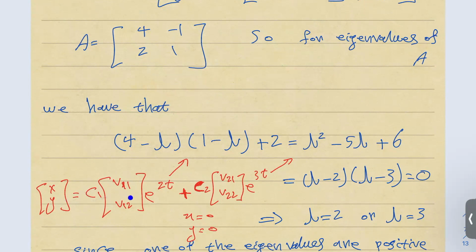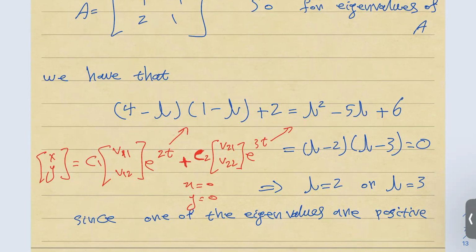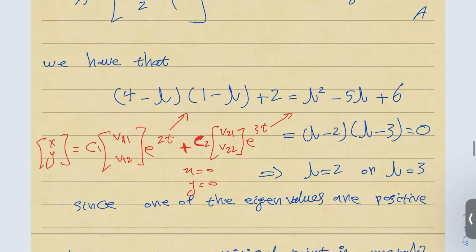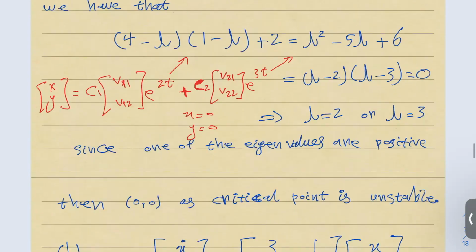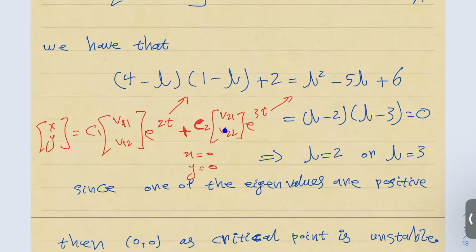All right, so you see that e to the 2t, e to the 3t, one of the eigenvalues is positive, then this critical point is unstable. In other words, if you are a little bit away from x equals 0 and y equals 0, these e to the 3t, the e to the 2t, they will escape from this point.